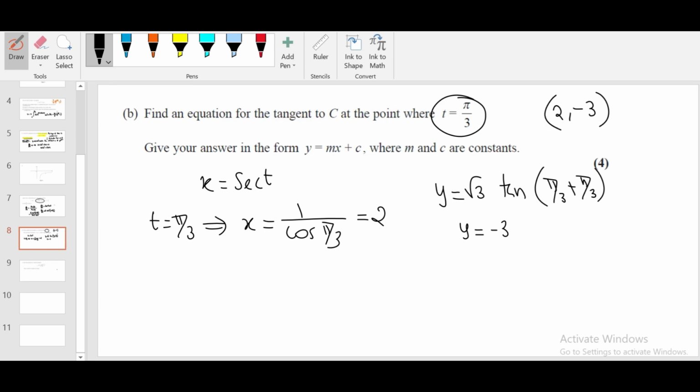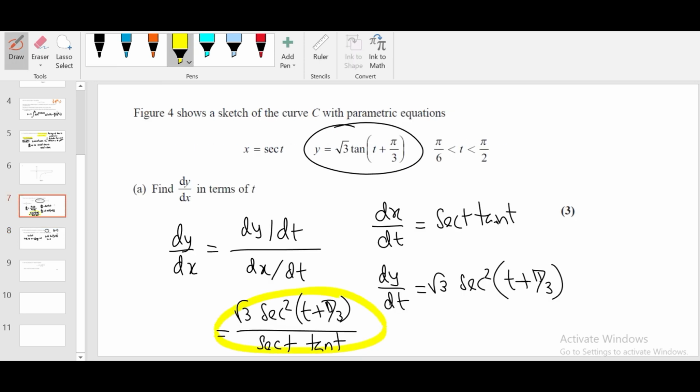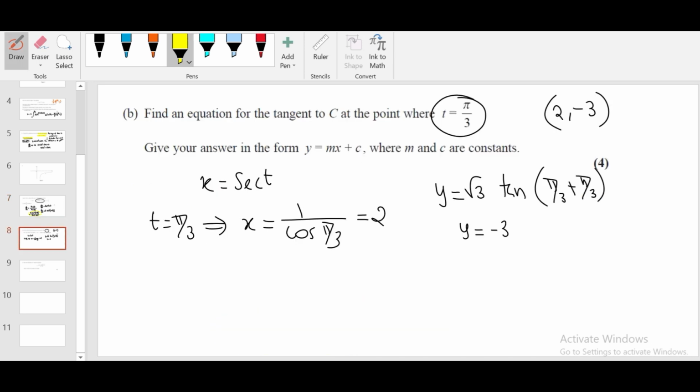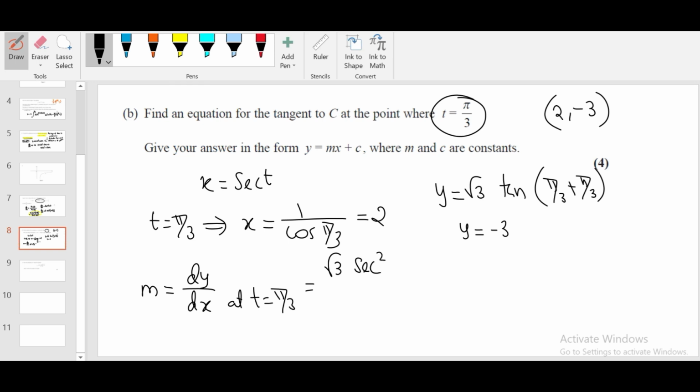Now all we need is the slope. We have dy by dx here. In this dy by dx, replace t by pi over 3. How do we write that step? Slope m is equal to dy over dx at t is equal to pi over 3. So you'll get root 3 secant squared of pi over 3 plus pi over 3.